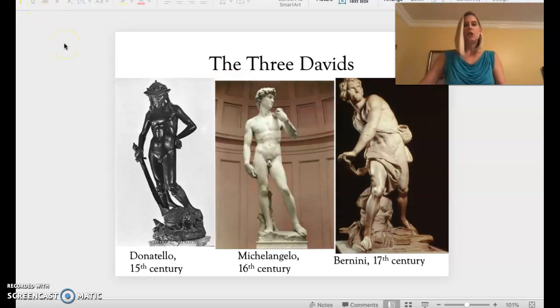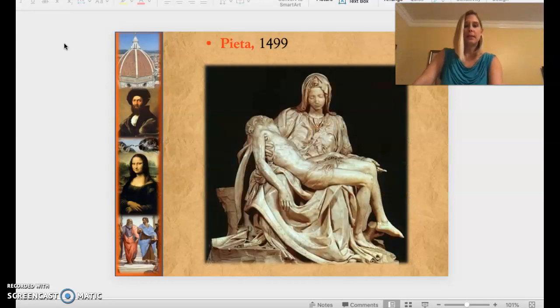So we are finished looking at the sculpting of Michelangelo's David. We're moving on to another sculpting wonder of his, and that is the beautiful Pietà. As you can see here, this is Michelangelo's depiction of the Virgin Mary holding the limp body of her son Jesus after the crucifixion.